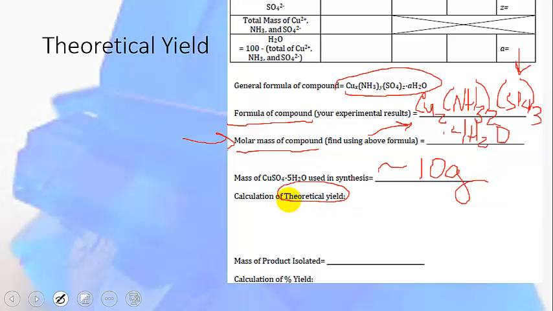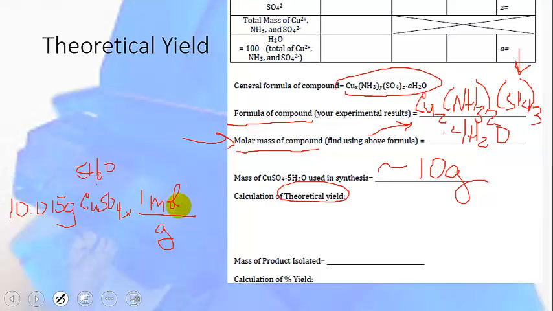Your theoretical yield, you start with your 10 grams or whatever your actual number is. Let's say it's 10.015 grams of your copper sulfate pentahydrate. We can turn that into moles of copper sulfate pentahydrate, and then we can turn it into moles of your copper complex.